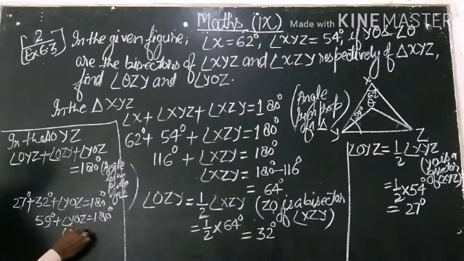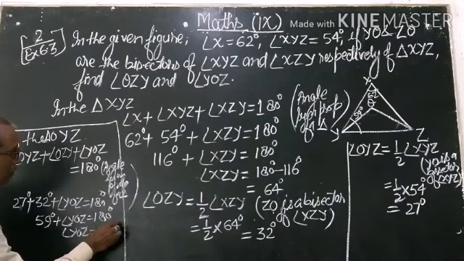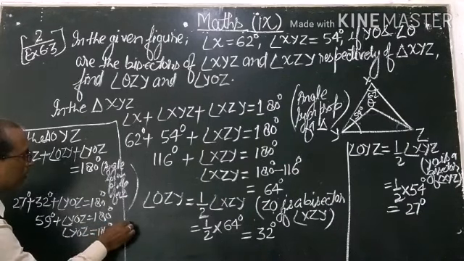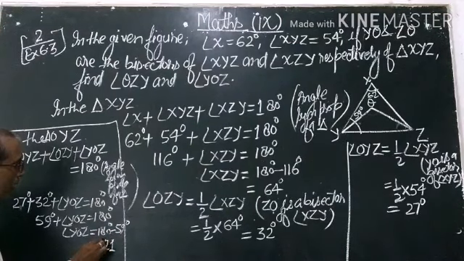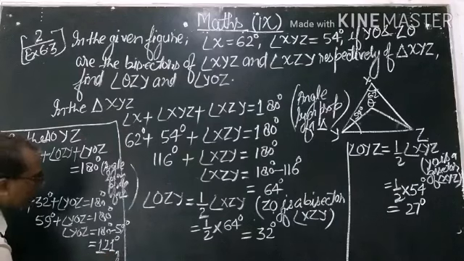Angle YOZ is equal to 180 minus 59 degrees, which is 121 degrees.